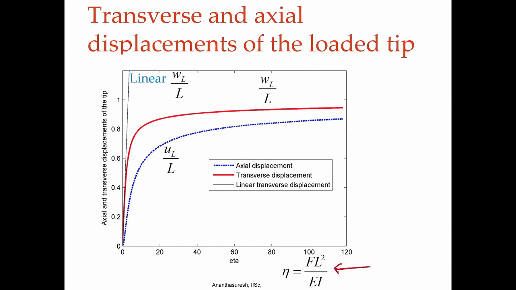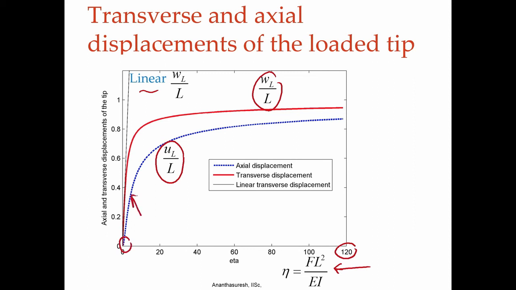So, we have this non-dimensional quantity eta here, and on the y axis we are showing W L by L, also U L by L, the transverse and axial displacement of the free end or loaded tip, and we are also showing the linear one here, that is a line. Rather, we have interchanged the axis, displacement here and force on the x axis, we have a straight line, that is a linear one, and this eta has gone as far as 120, and we can see how W L by L, U L by L vary.